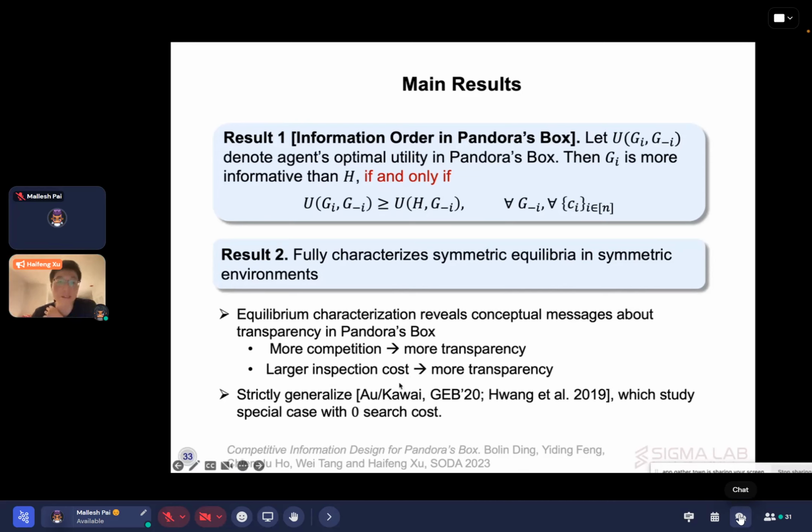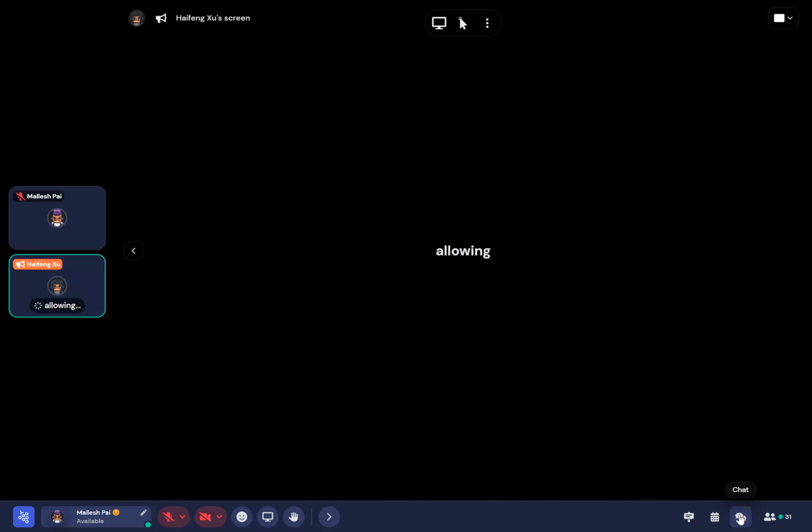Another observation is that a larger inspection cost would also lead to more transparency. So if inspecting the box takes the agent a lot of cost, then that would drive the equilibrium towards more transparent information revelation. And this result also strictly generalizes other recent works, which correspond to a special case where the cost is 0.